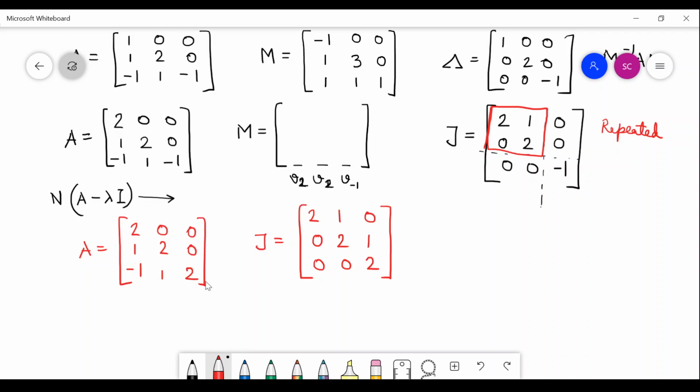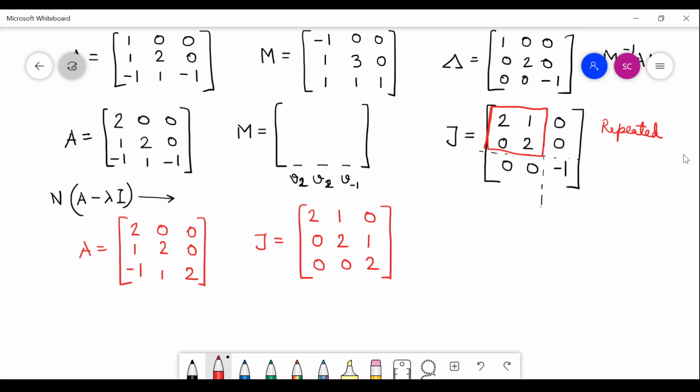If you increase the order, so if you had 4 repeated eigenvalues, then this would also increase by another order and a 1 would come here and a 2 would come here. In this way you can increase the size of the Jordan block and figure out what the Jordan form would look like.